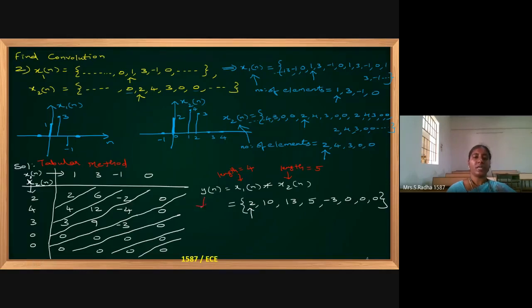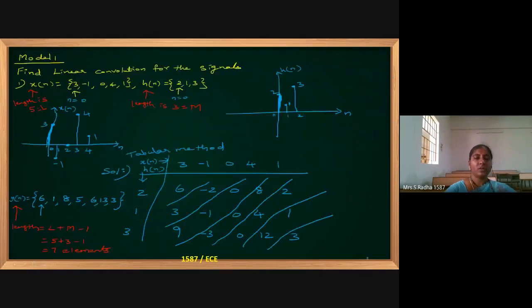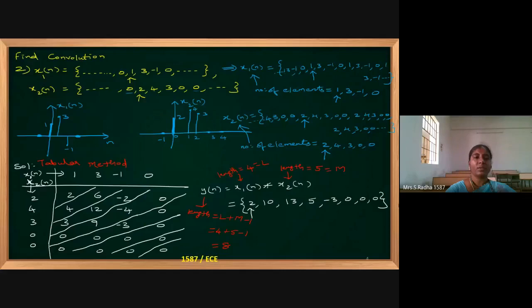Now coming to the length of the output, first sequence length we will consider L, second sequence length we will consider M. Formula for output sequence length is L plus M minus 1, which is nothing but 4 plus 5 minus 1, 9 minus 1 is 8. In the output we should have 8 elements. So this is about the tabular method.